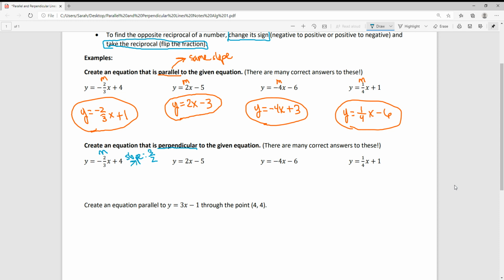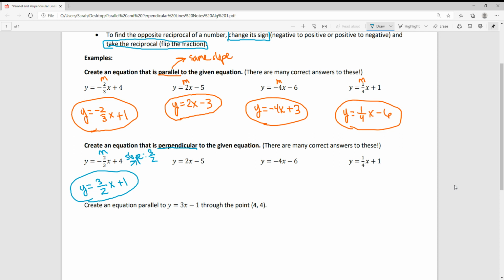So this right here will be the slope I'm going to use in my new equation. So y equals, my new slope, the opposite reciprocal is positive 3 over 2 x. And then pick any number you want for b. I'm just going to pick 1. The equation I just circled and the one that's above it will be perpendicular to each other. Perpendicular just means they cross at 90-degree right angles.